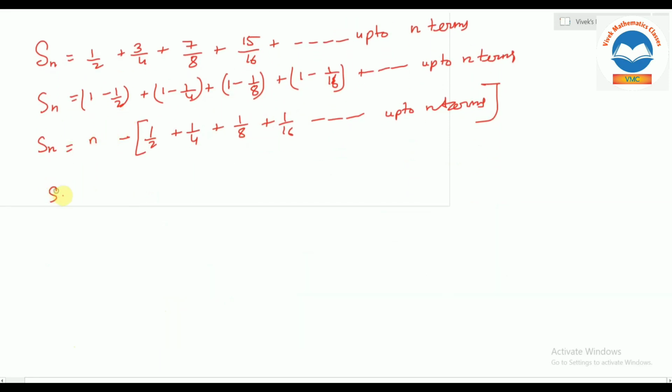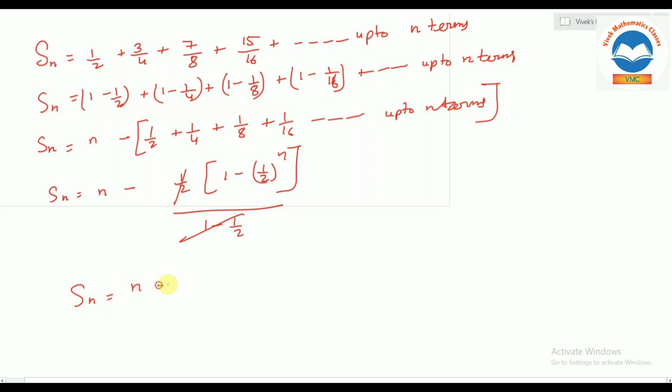So we are getting Sn equal to n minus a into 1 minus r to the power n, where r is 1 by 2, divided by 1 minus r. So this 1 minus 1 by 2 will be 1 by 2, and this will be cancelled out. So we are getting Sn equal to n minus 1 plus 1 by 2 to the power n.